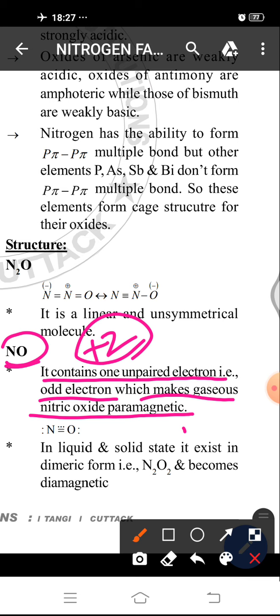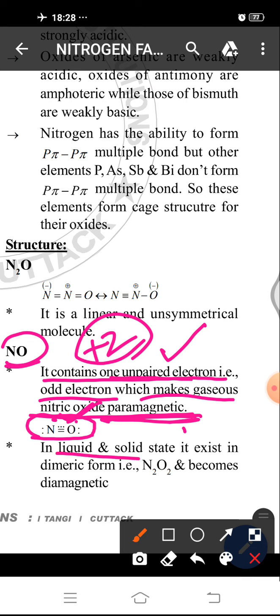When nitric oxide exists in the gaseous state, you can see that there are 3 electrons: 2 electrons of oxygen and 1 electron of nitrogen. So there is one odd, or unpaired, electron. Due to the presence of the unpaired electron, it becomes paramagnetic.